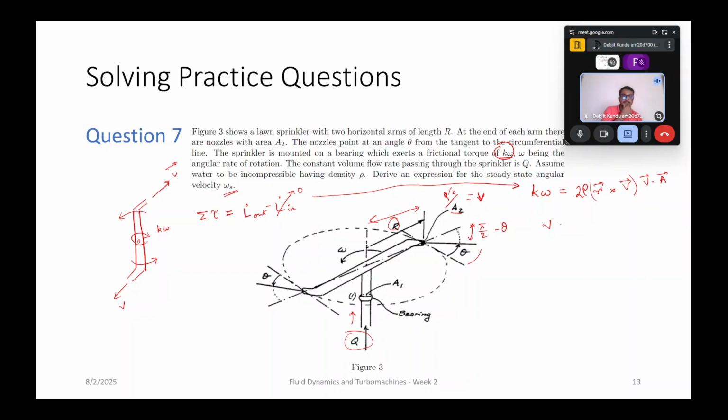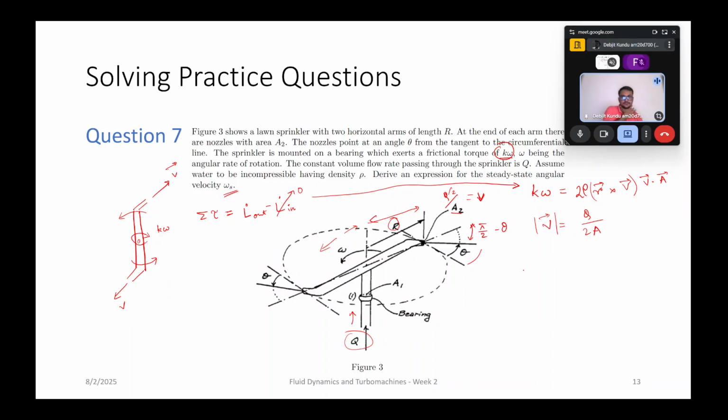So the magnitude of velocity, as we saw here, is Q by 2A, if A is the area of the nozzle. Q by 2 because Q splits up into two arms of the sprinkler.